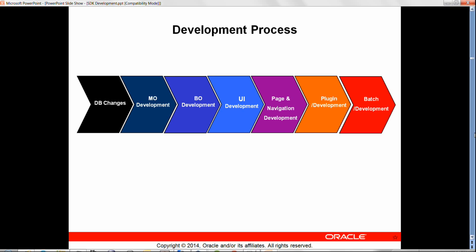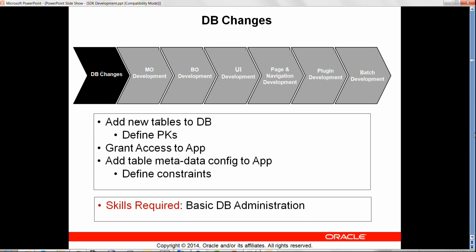First of all, there are some database changes, and then you create an MO, a BO, some UI development, page navigation needs to be developed, there's plugin development, and there's batch development. Not all these things have to take place, but often some of them or a couple of them need to be done depending on what you need to do.